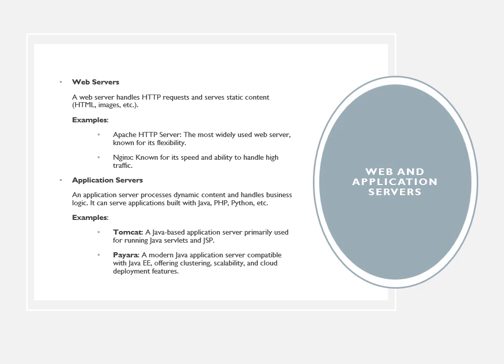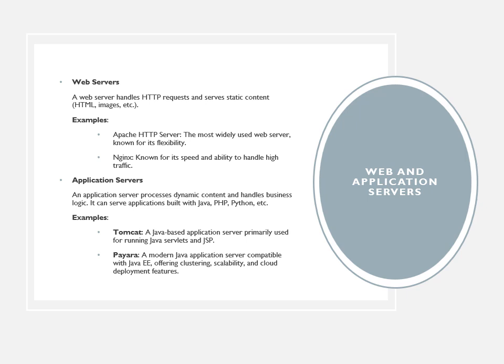We also have Nginx, which is known for its speed and ability to handle higher traffic. So you can see Apache is widely used because it is flexible, while Nginx has speed and handles higher traffic. In case of heavy traffic on the web, you use Nginx.